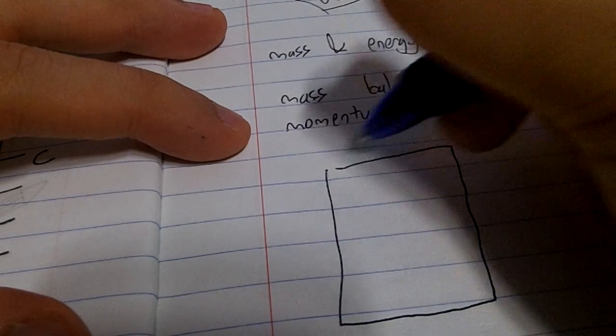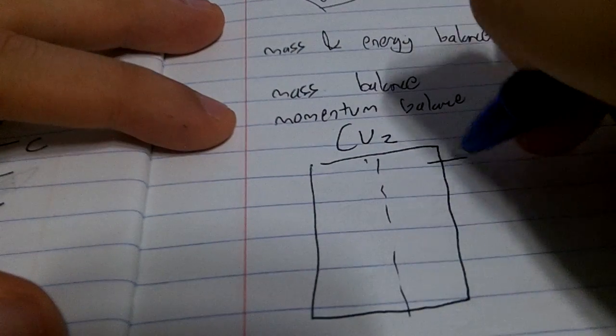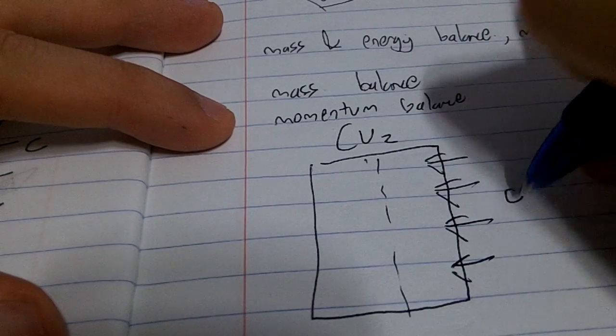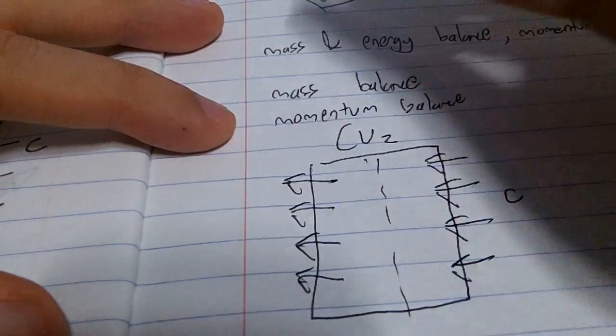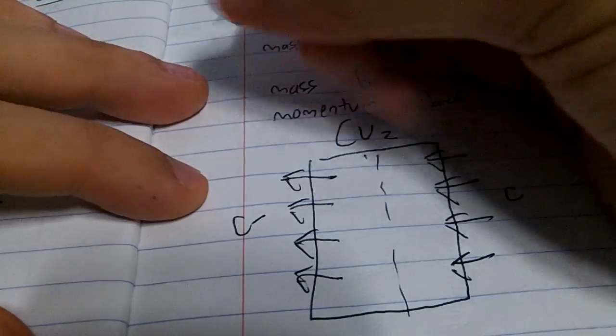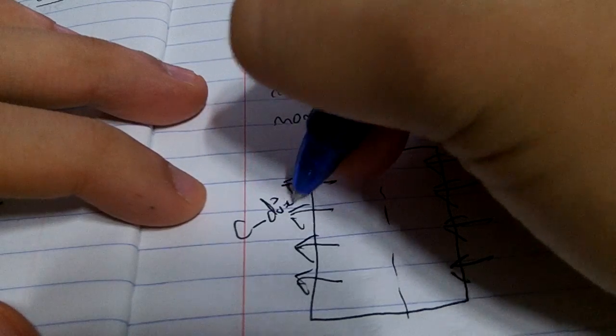Alright, let's first do the mass balance on this system. We have inflows at c, and we have outflows at c minus dvx.